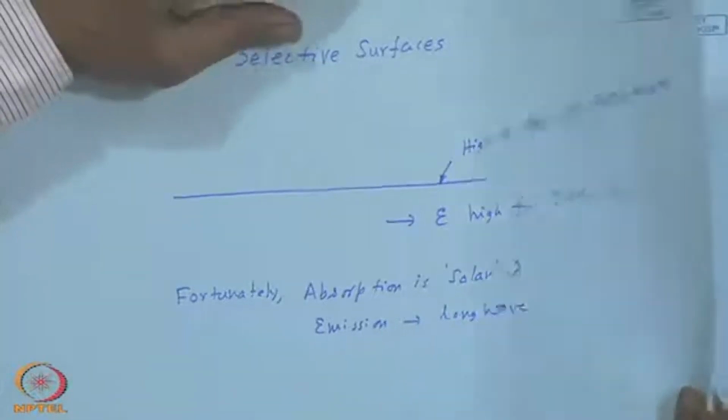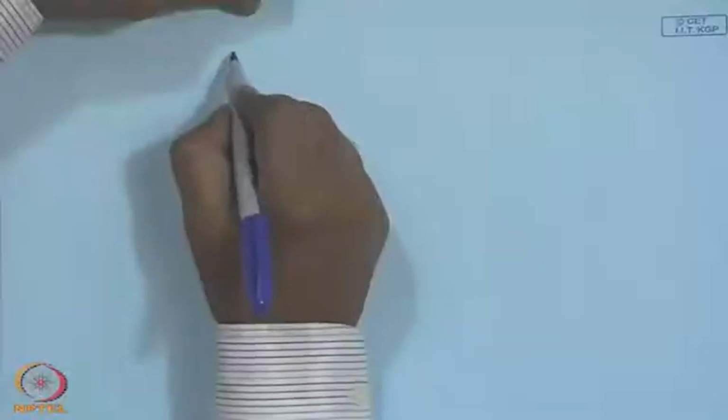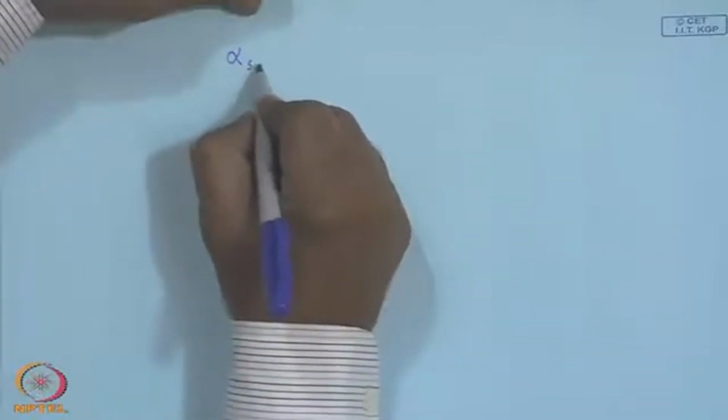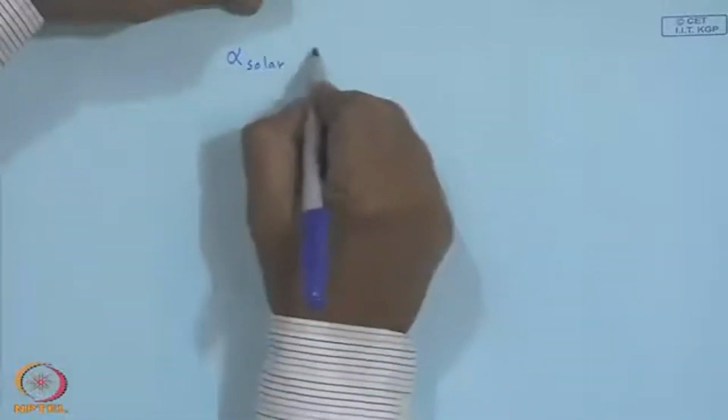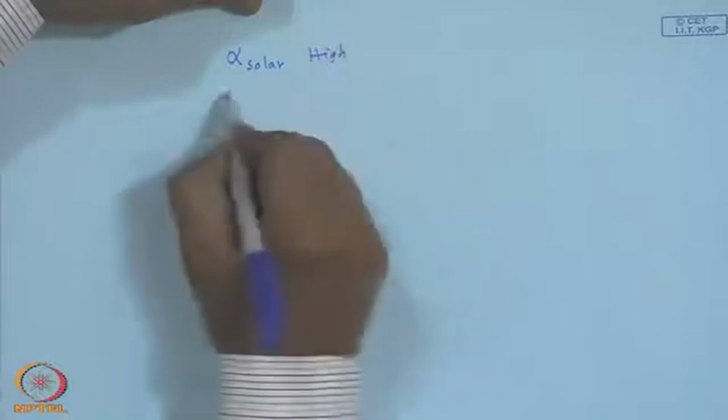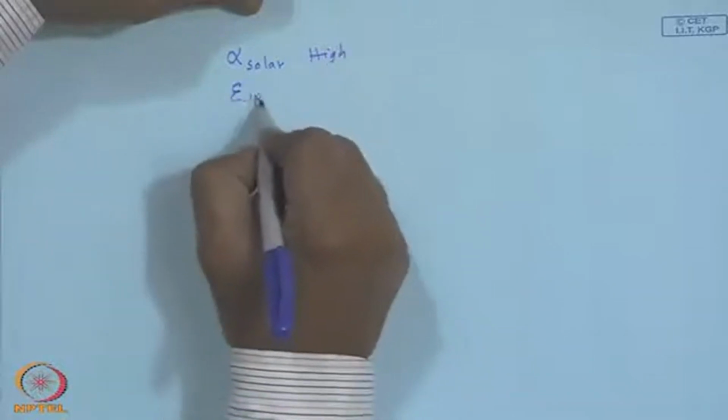So, we do not violate Kirchhoff's law by choosing alpha solar high, epsilon IR low.